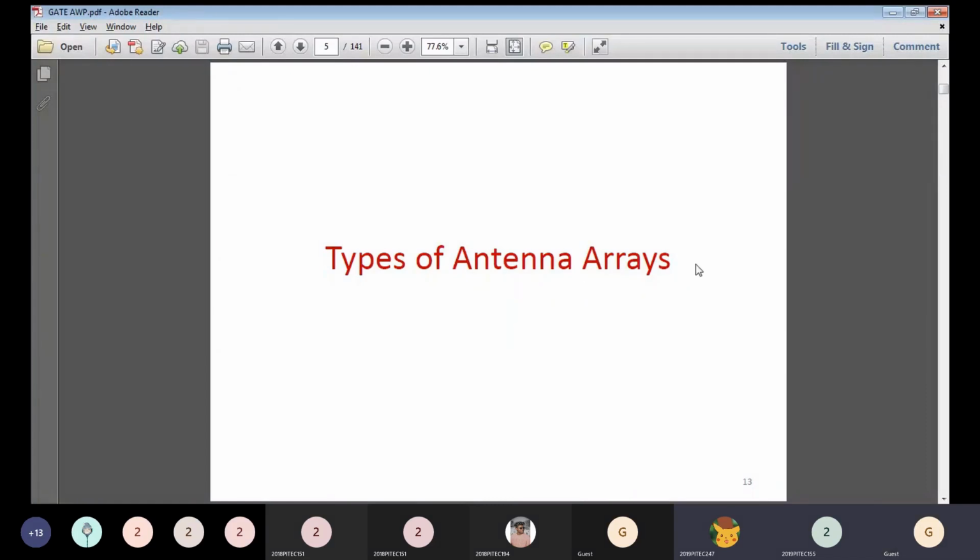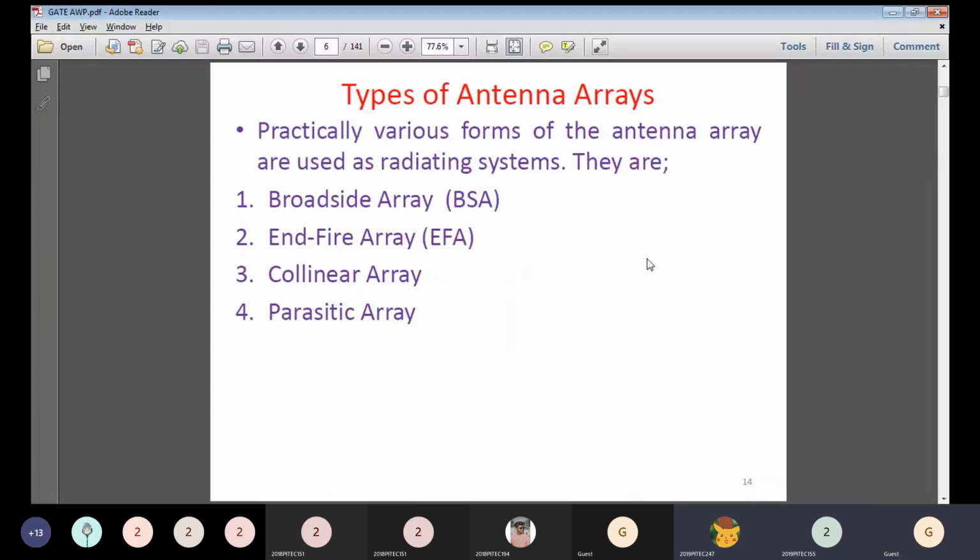Apart from that, we generally have 4 types of antennas: broadside array, end-fire array, collinear array, and finally the parasitic array. The condition for broadside is that all the antennas are equally spaced along the perpendicular to the antenna axis.